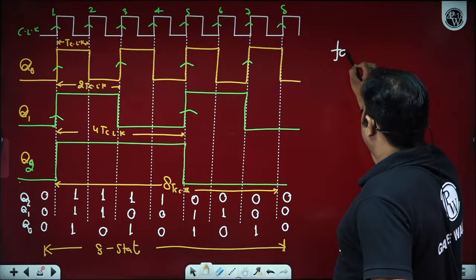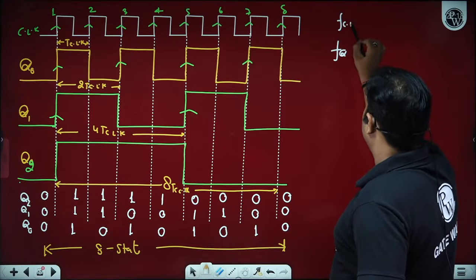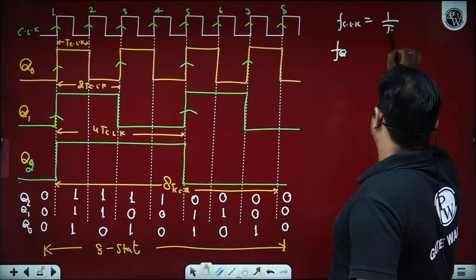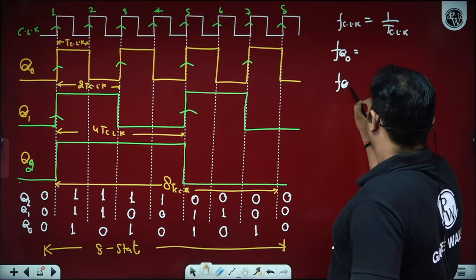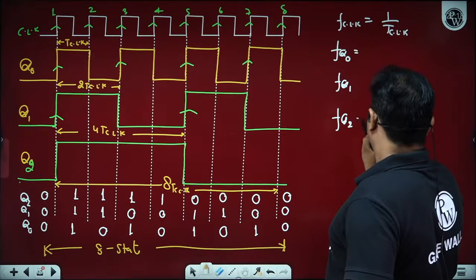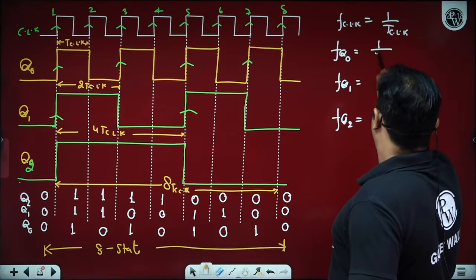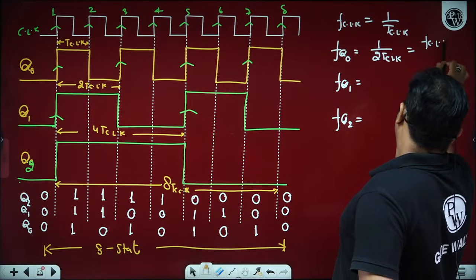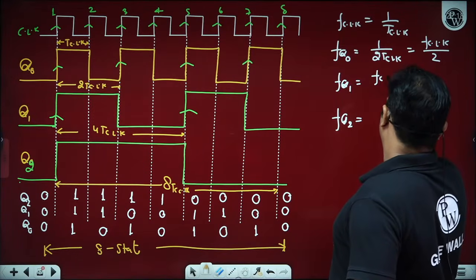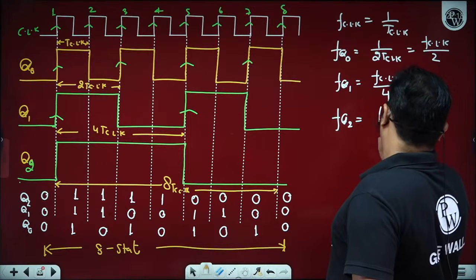If FCLK is 1 upon TCLK, then we can observe Q0, Q1 and Q2 as 1 upon 2 TCLK, FCLK by 2, and in the same way FCLK by 4.